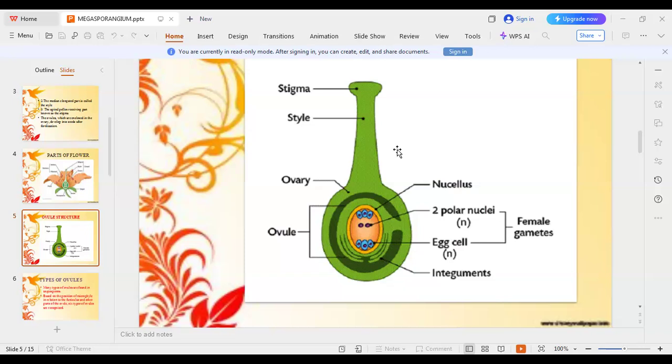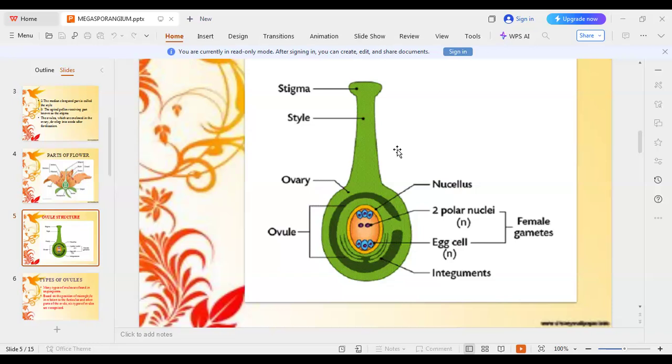In other plants, there are two integuments, meaning Polypetalae and other plants. Gamopetalae have a single integument, and in some insectivorous plants, Santalum and Loranthus, there are no integuments.